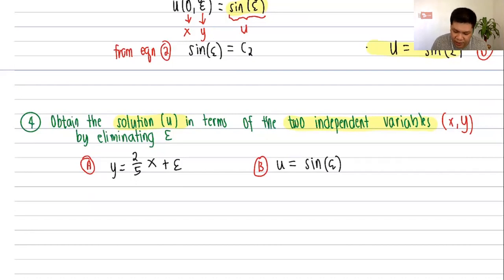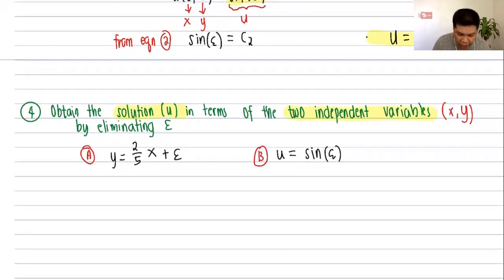Therefore, I can say from equation A here that epsilon is equivalent to y minus 2/5 x.